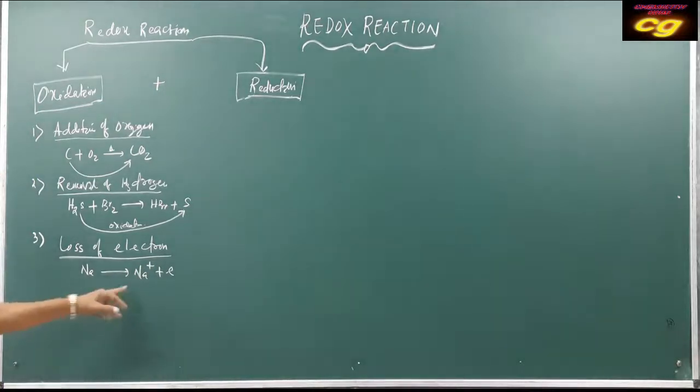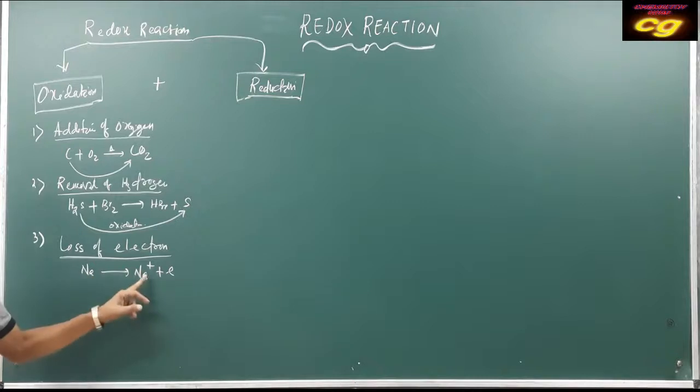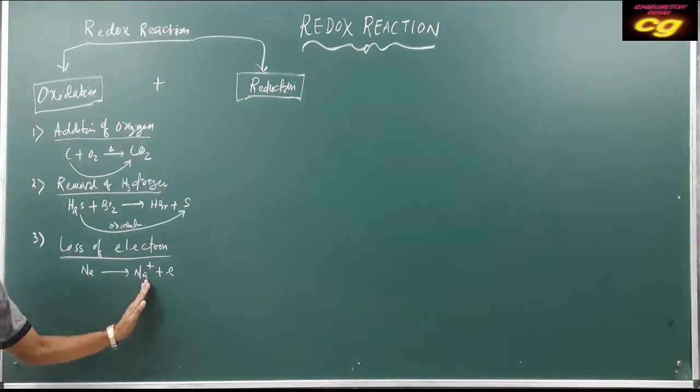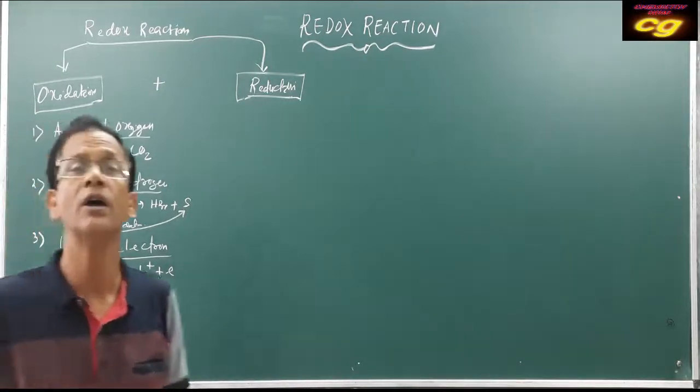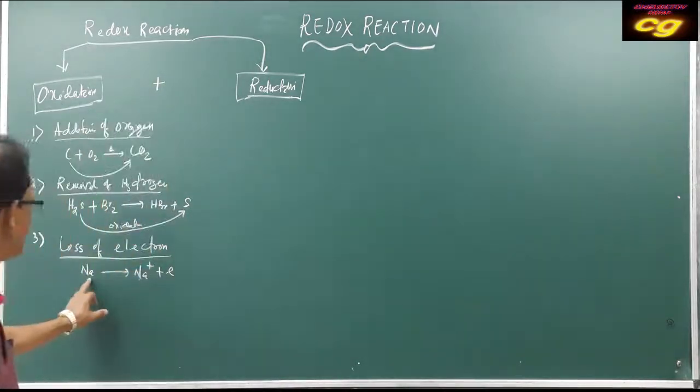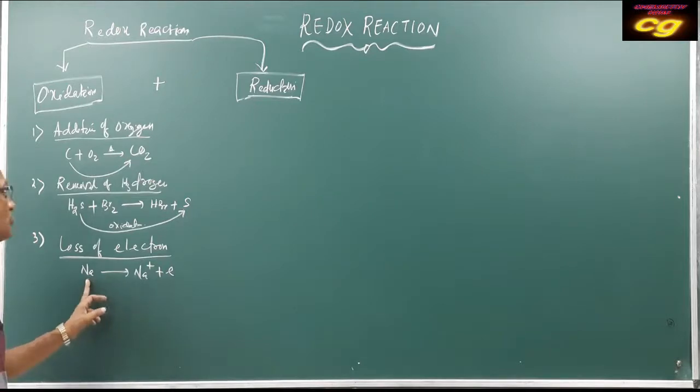This change is an oxidation change because sodium, a neutral atom, converts to Na plus due to loss of electron. So sodium is oxidized, that means sodium undergoes oxidation to Na plus.